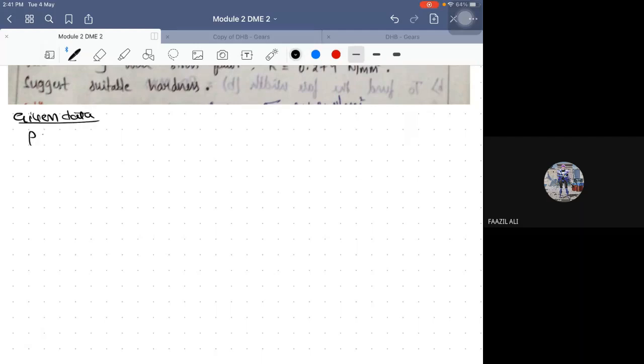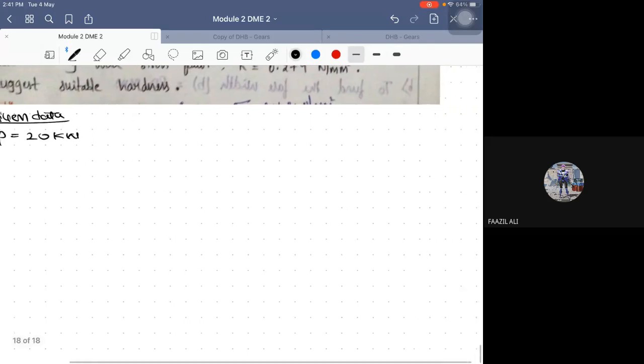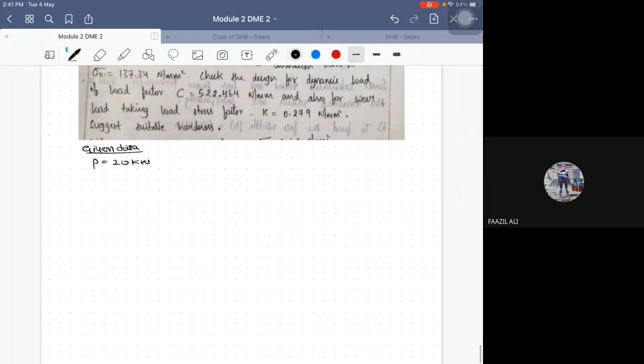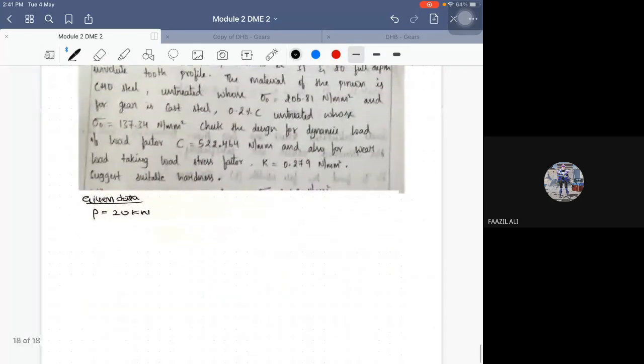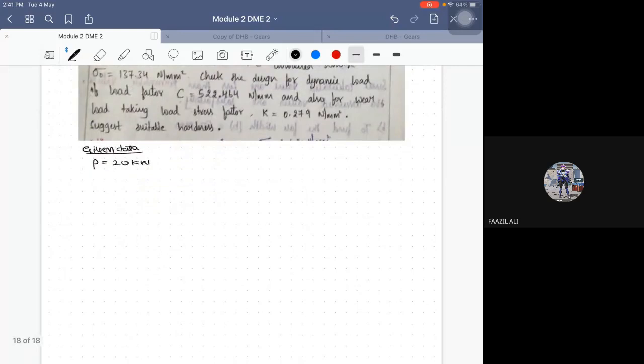The power is mentioned as 20 kilowatts, while operating 8 to 10 hours per day. So the gear is being operated 8 to 10 hours per day.